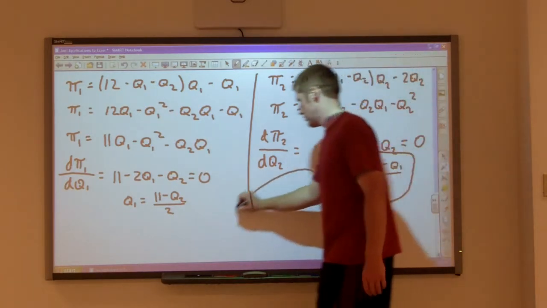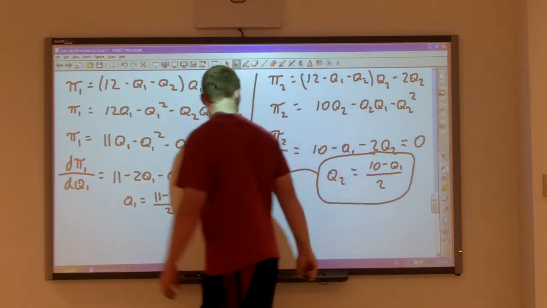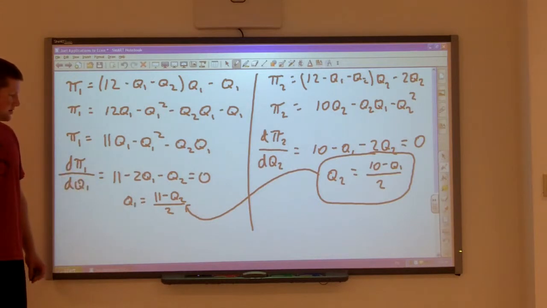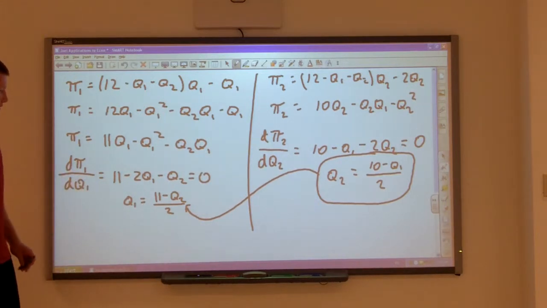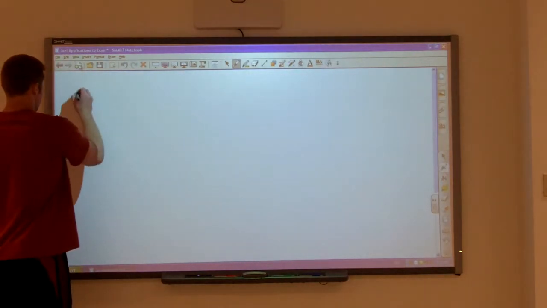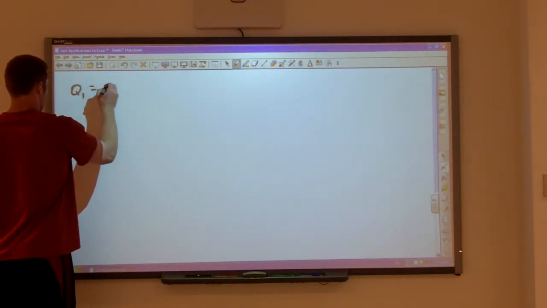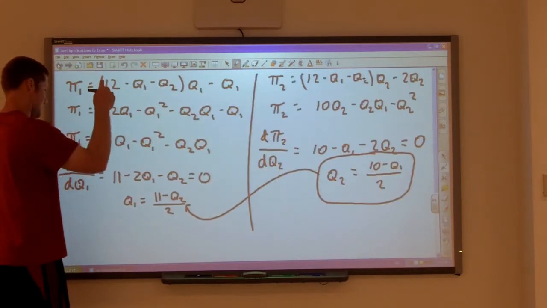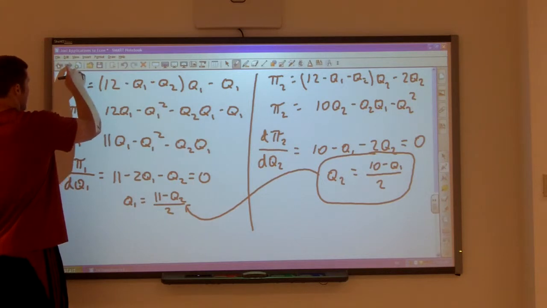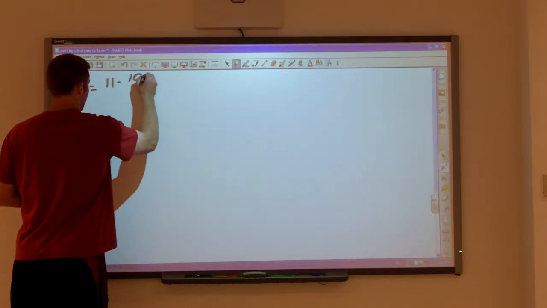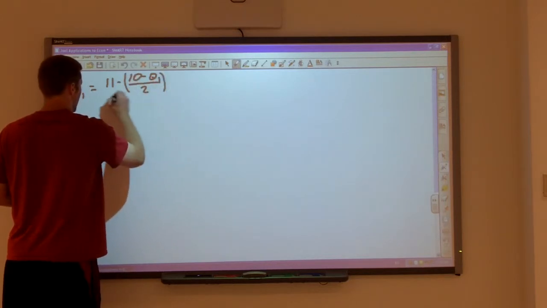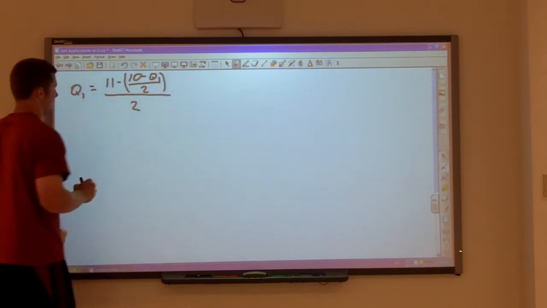Now we can take what we found for Q2 and plug it into the other equation, and solve to get a number for Q1. So Q1 equals 11 minus (10 minus Q1 over 2) all over 2.